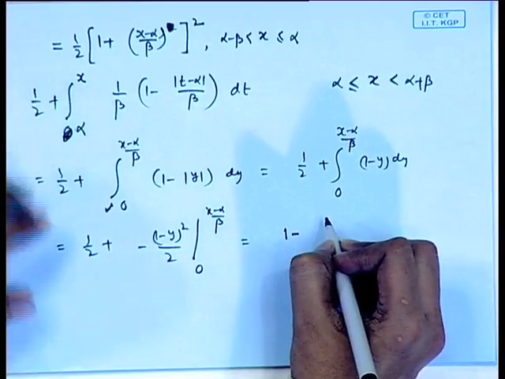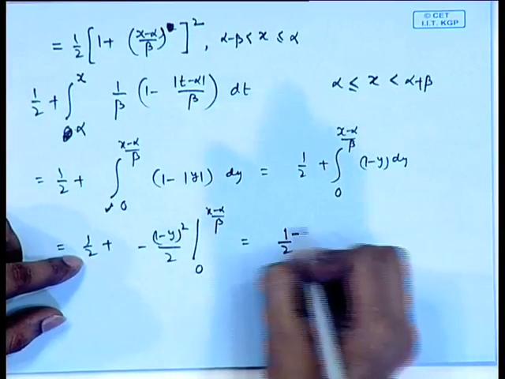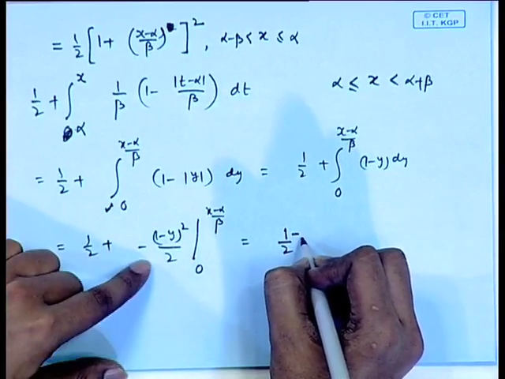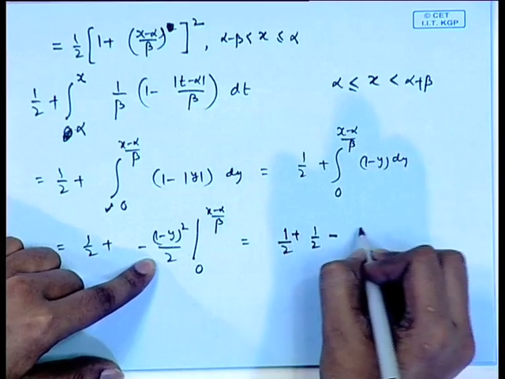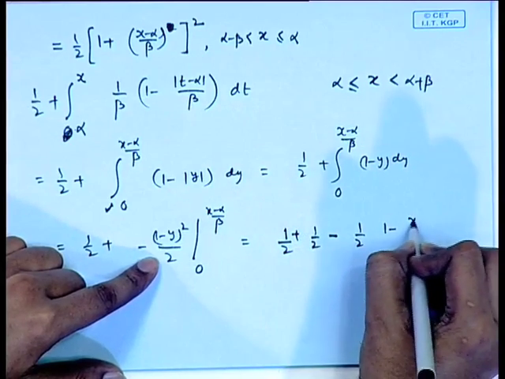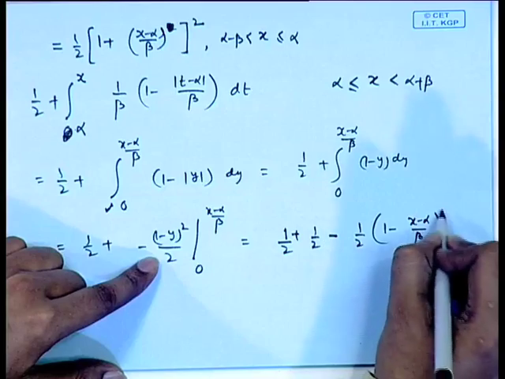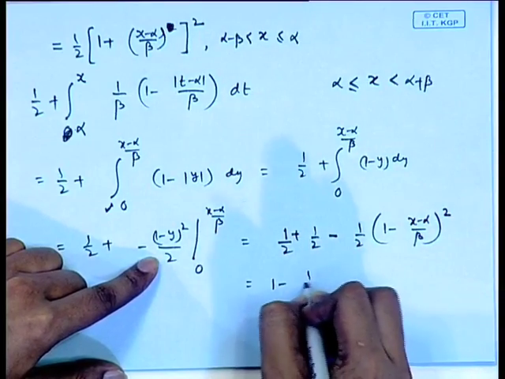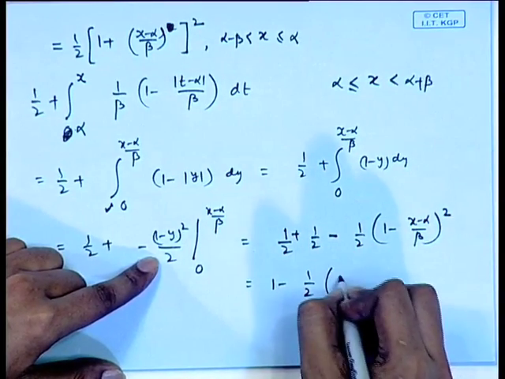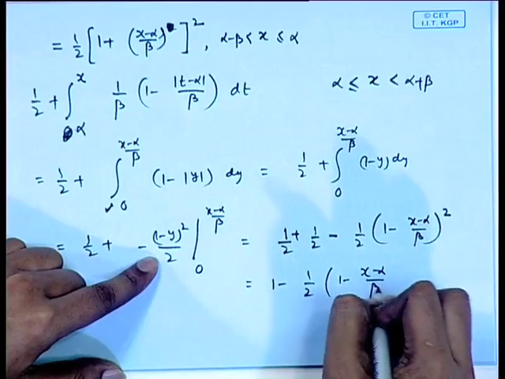At 0 this value is becoming half, and so this is equal to 1 minus half of (1 minus (x minus alpha) by beta) whole square.